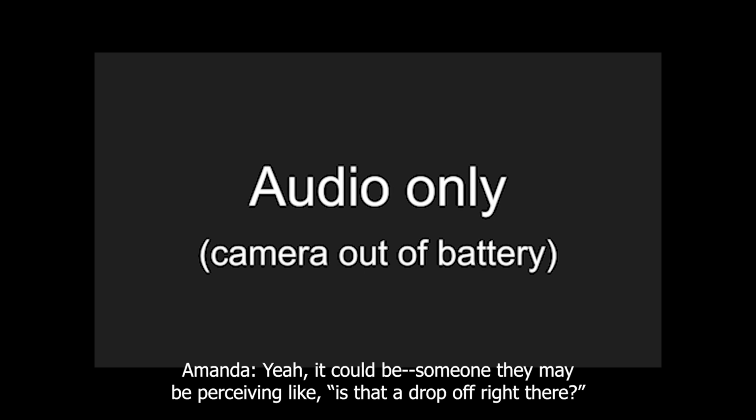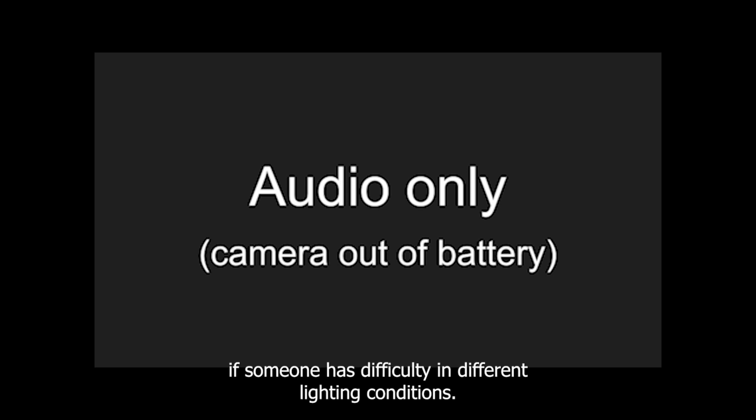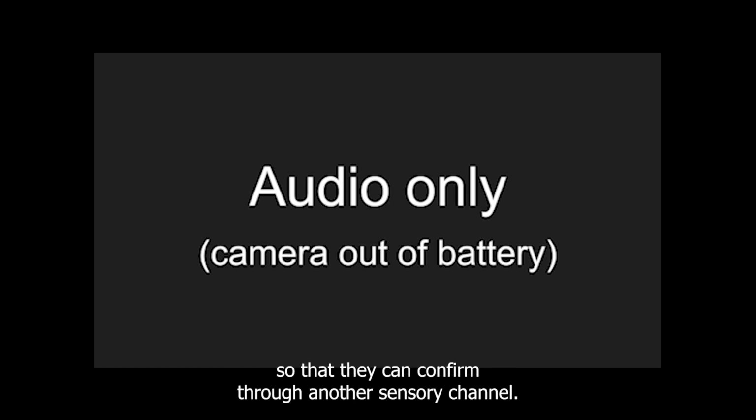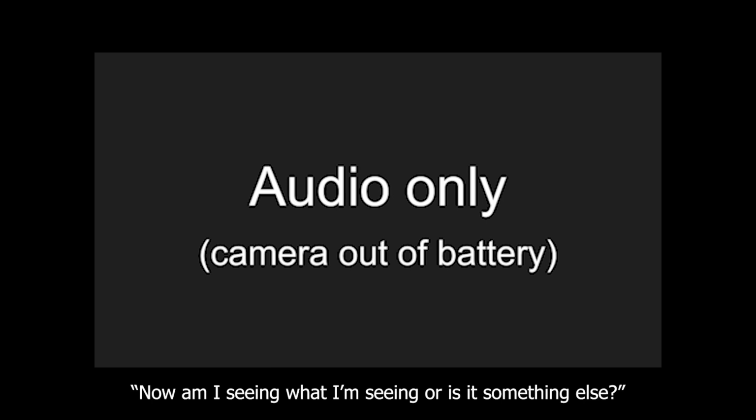They may be perceiving, is that a drop off right there? Is that a step? Is that a physical form like a column? So again, it can be perceptually confusing if someone has difficulty in different lighting conditions, and that's where that white cane training is so important, so that they can confirm through another sensory channel, am I seeing what I'm seeing, or is it something else?